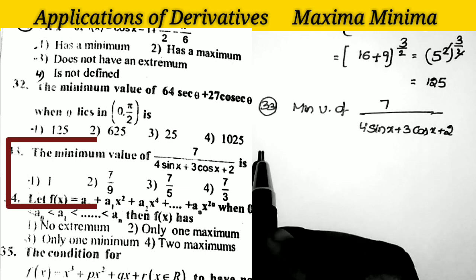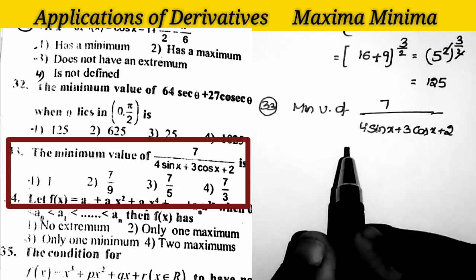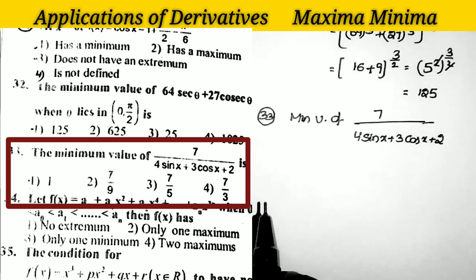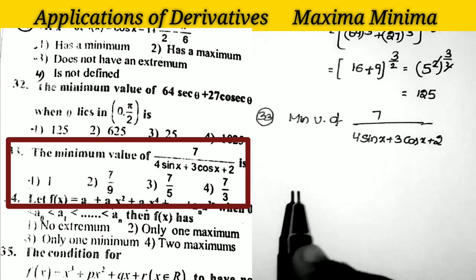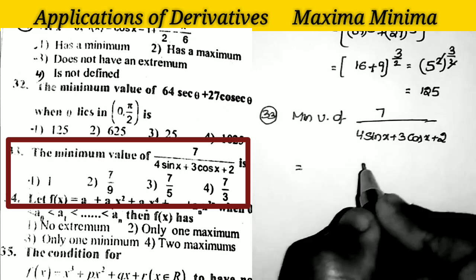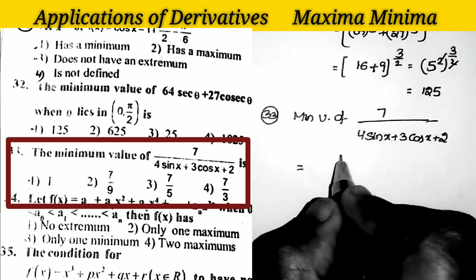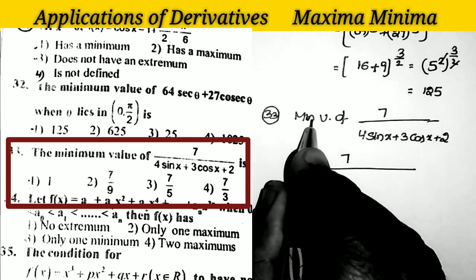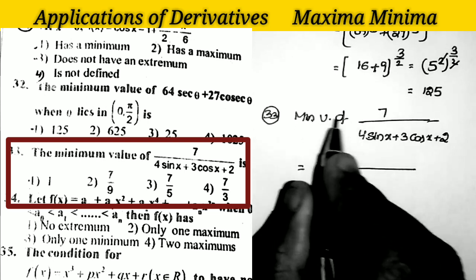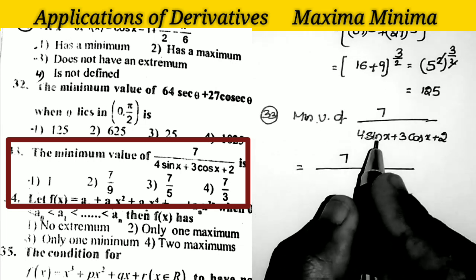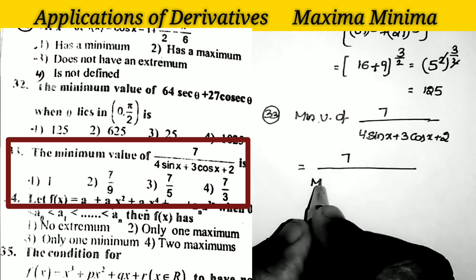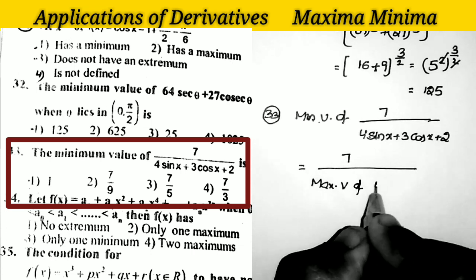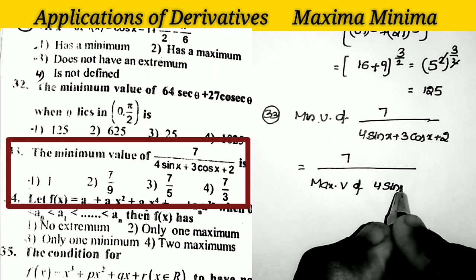Next question, sum number 33. The minimum value of the expression 7 by (4 sin x plus 3 cos x plus 2) is equal to. We want the minimum value of this expression. Applying the minimum value to the denominator, the minimum value becomes the maximum value. So that is 7 by the maximum value of the given expression, that is the maximum value of 4 sin x plus 3 cos x plus 2.